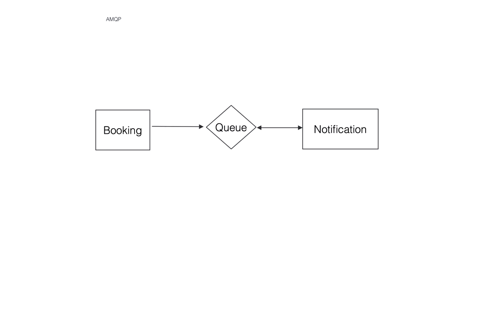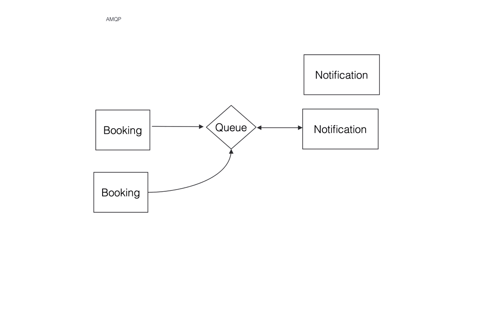Now we can have multiple booking services, which could be used when the load gets higher. So now we have multiple producers sending booking information to the queuing service. We could also independently scale the notification service because we may want to send more information to users.